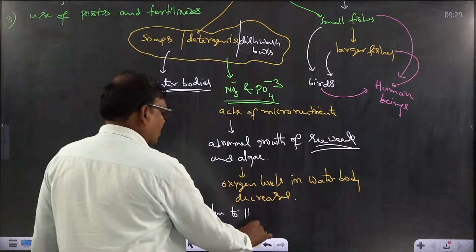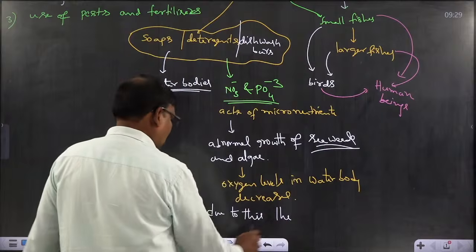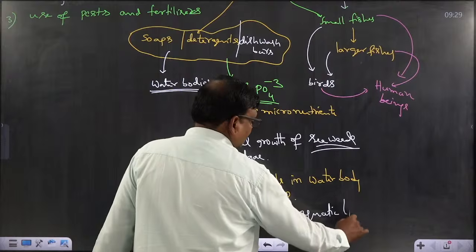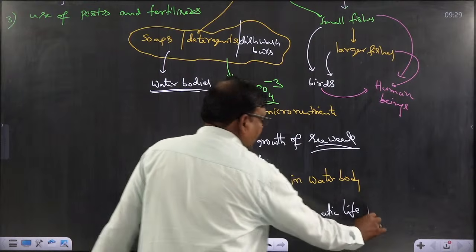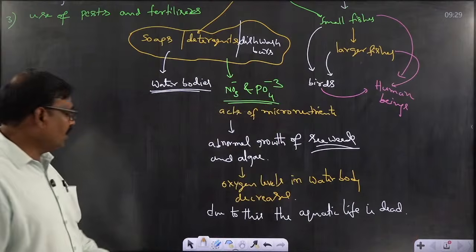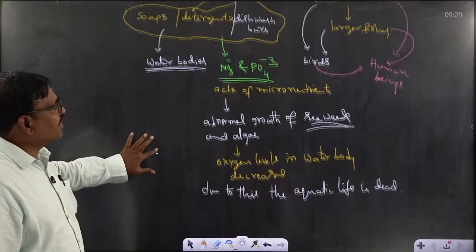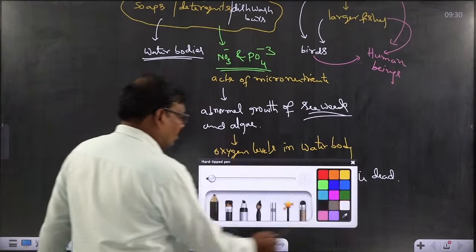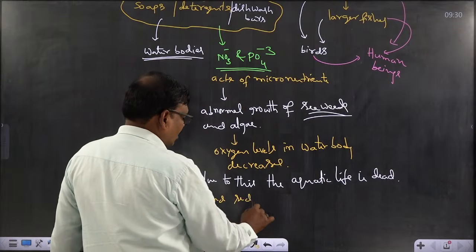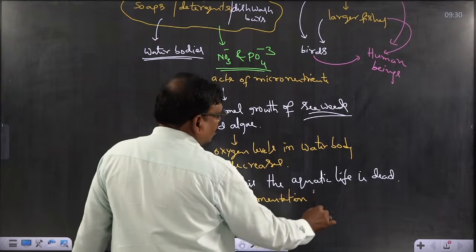Due to this, the aquatic life will suffer. Aquatic life dies. And gradually the water will evaporate. As a result, sedimentation takes place. This sedimentation is nothing but drying of water.